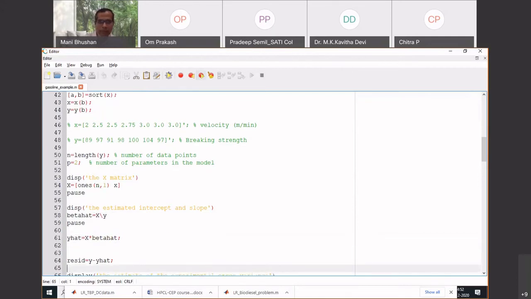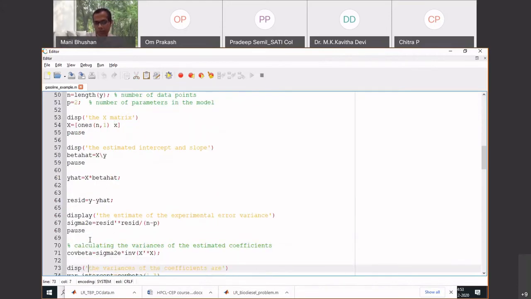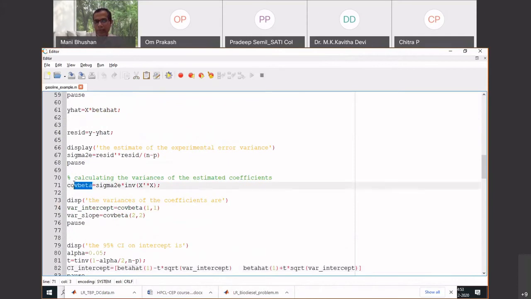So what is the big deal? What is new is that these are your estimated parameters, and you can also compute the variance of these estimated parameters. Remember, yesterday we talked about x bar being an estimate of mu, with variance of x bar equal to sigma square by n. That is sampling statistics. Here beta hat is an estimate of the true beta, and the variance of beta hat can also be computed.